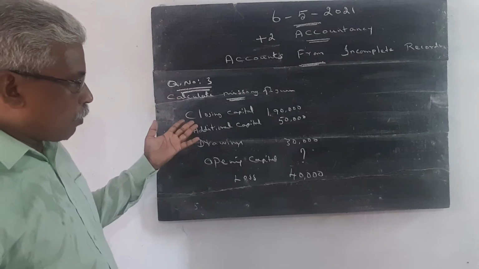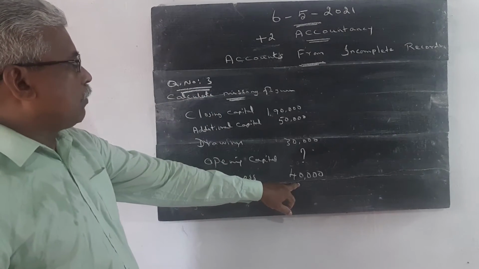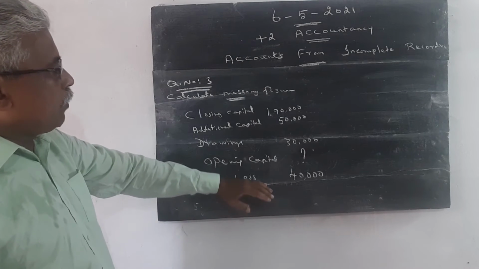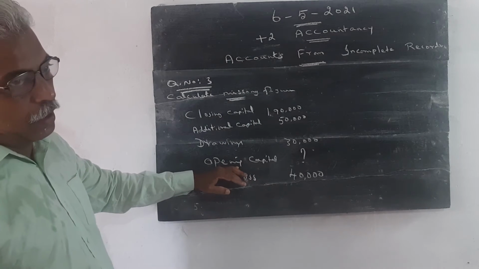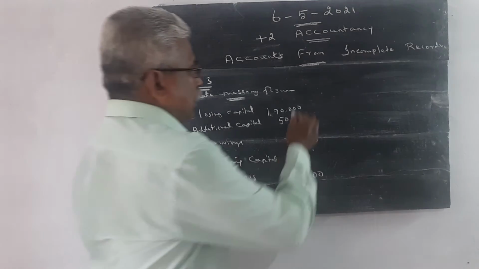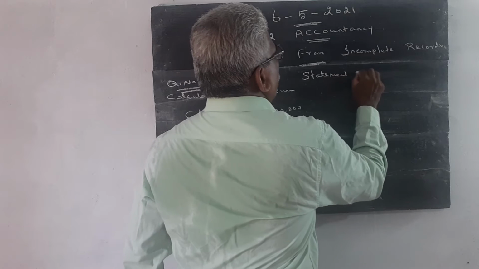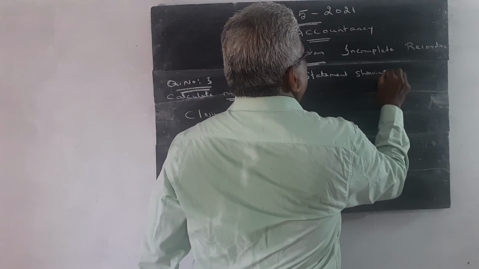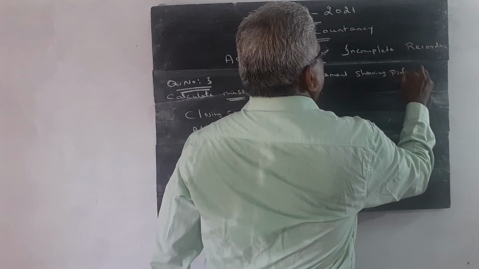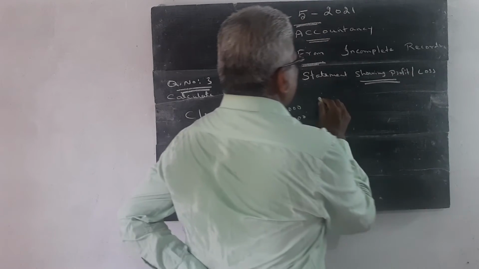In the previous problem we calculated profit or loss. In this question the loss amount is given. With the help of this information we have to calculate the opening capital. How do you do this problem? First we write the statement showing profit or loss. Same procedure, the same formula we have to write.